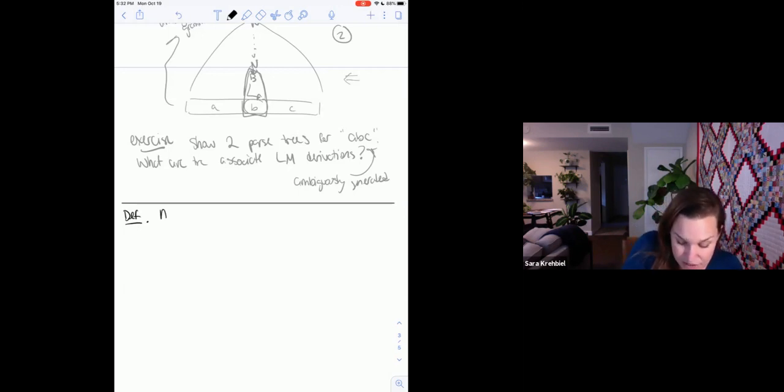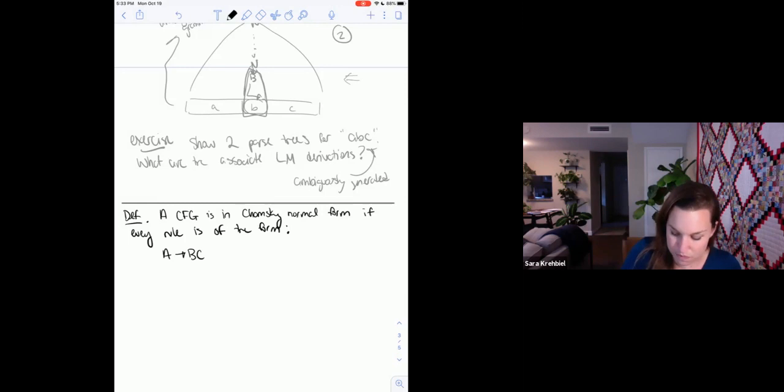I'm going to say that a context-free grammar is in something called Chomsky normal form if every rule is of the form either A goes to BC, where A, B, and C are all variables.